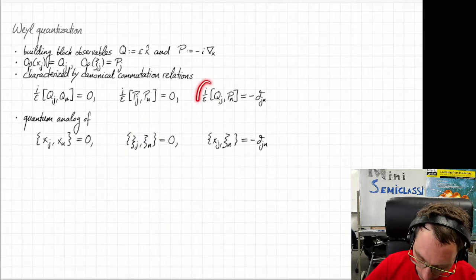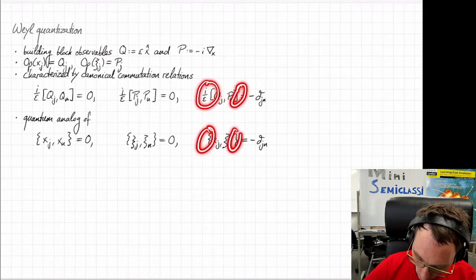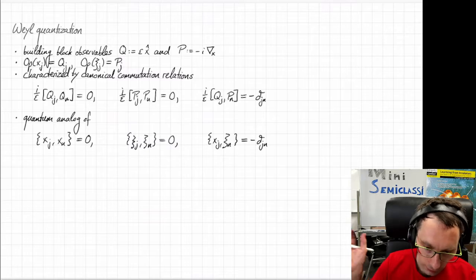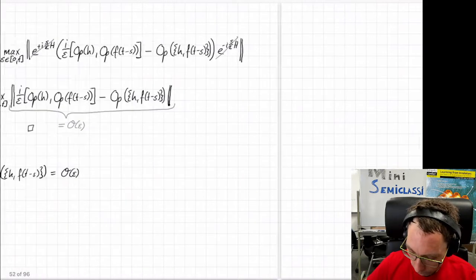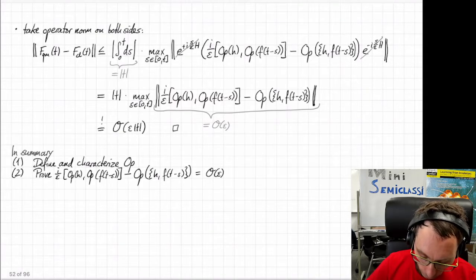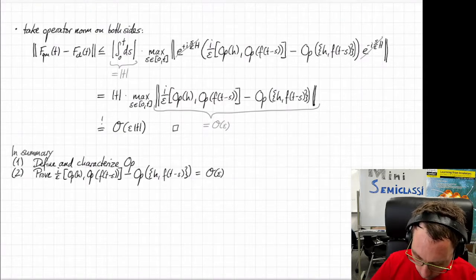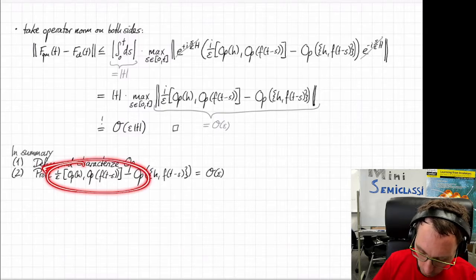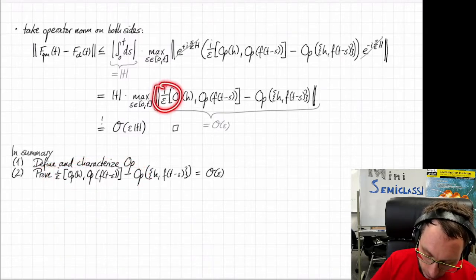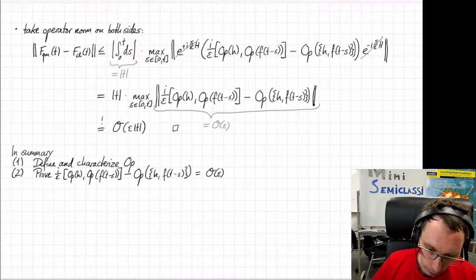And again, you see the similarity, the correspondence between i divided by epsilon commutator and the Poisson bracket, which was one of the central points in the proof, right? Because also here, at least up to higher order, i divided by epsilon commutator and the Poisson bracket correspond to one another.